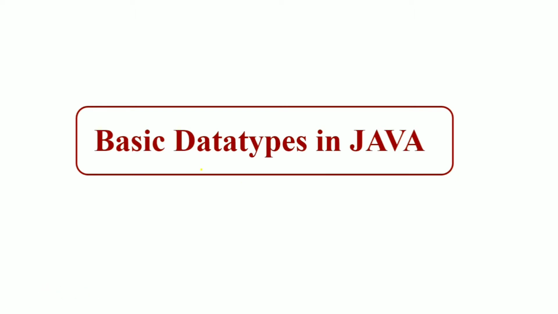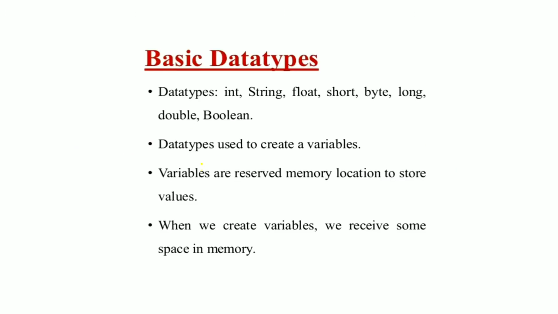So we start. Data types. It is an attribute of a variable which tells the compiler or interpreter how the programmer intends to use the variable.